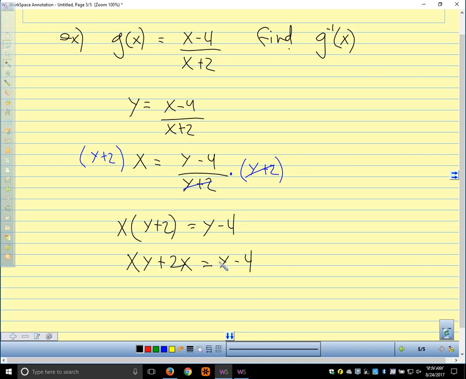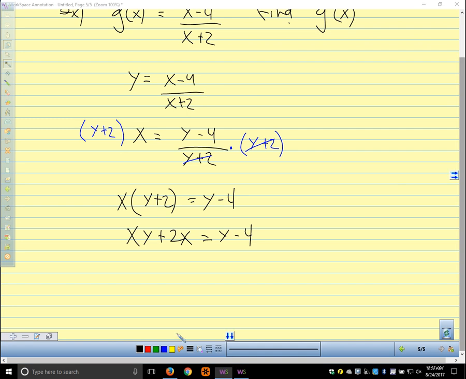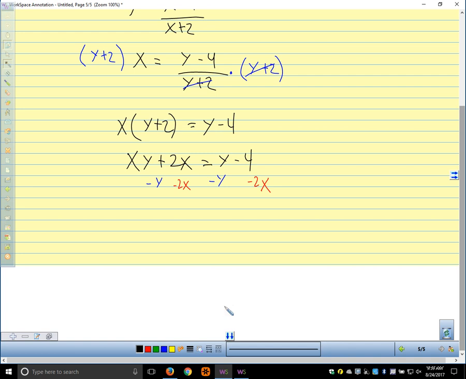I'm going to subtract y from both sides, and subtract 2x from both sides, just to get the y's all together on one side of the equation. So I have xy minus y equals minus 2x minus 4.